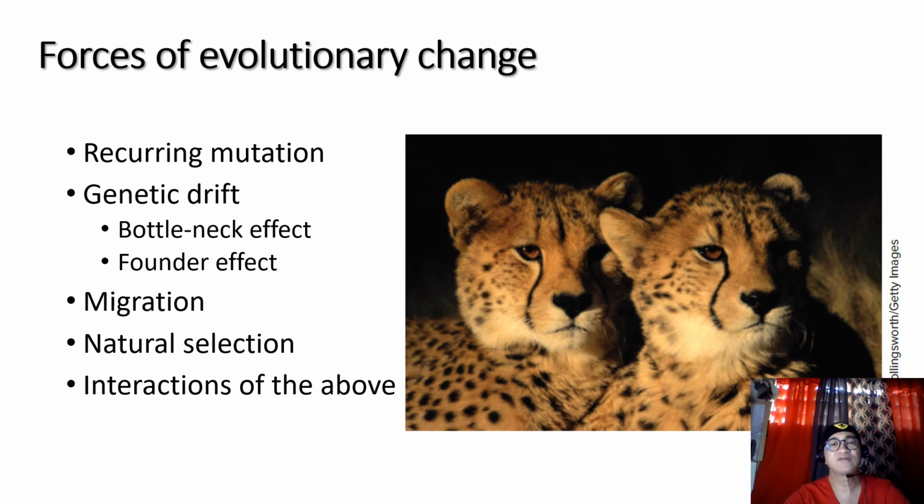The movement of individuals or gametes between populations can result from migration, which is also known as gene flow. Natural selection results to an accumulation of traits that adapts a population to its environment.